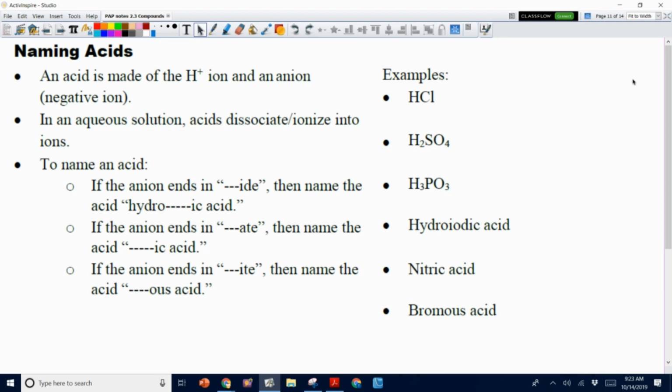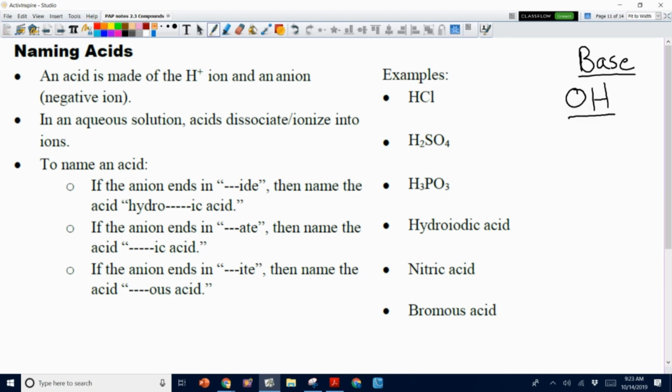a metal bonded to the polyatomic ion OH. And nothing changes. If you see a compound ends in OH, it's a base. And the name is exactly like we talked about with polyatomic ions.